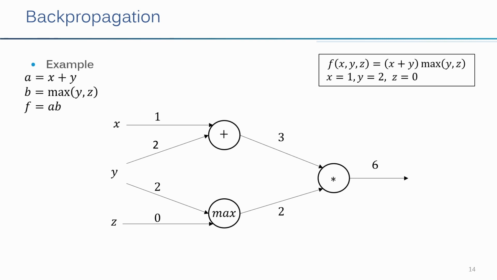So we have this toy neural network, in which we have a function that's x plus y multiplied by the max of y and z. We have initial values for x, y, and z, and it doesn't matter what the end value is. In this case it is 6, and we are using this to do whatever prediction.